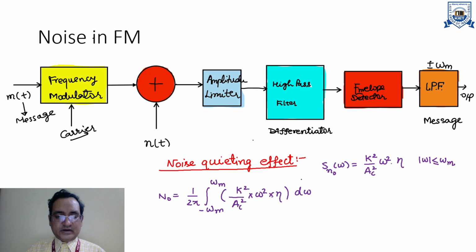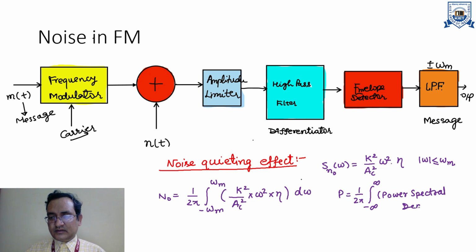So this is from Parseval's equation, where you can calculate the power as 1 upon 2 pi integral from minus infinity to plus infinity, and then you will replace the power spectral density here and d of omega.